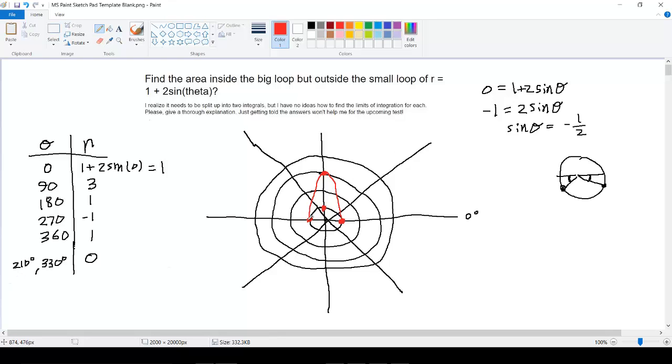So somewhere between 180 and 270, we have to go through the center, because that's what we mean when r is 0, we're going through the center of the whole thing. I mean, there's a few ways you could do it. Like, the way it actually looks is like this. So you loop down a little bit, then you go through the center, and then you go back up.